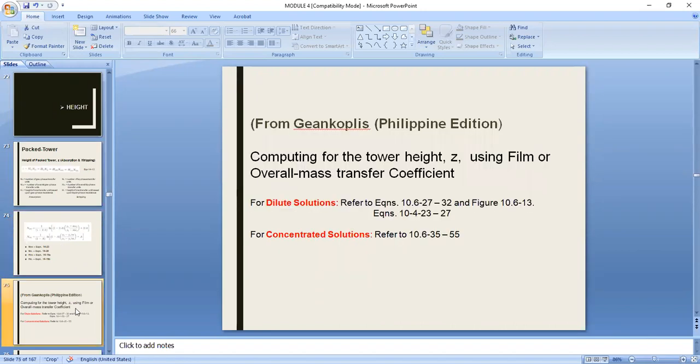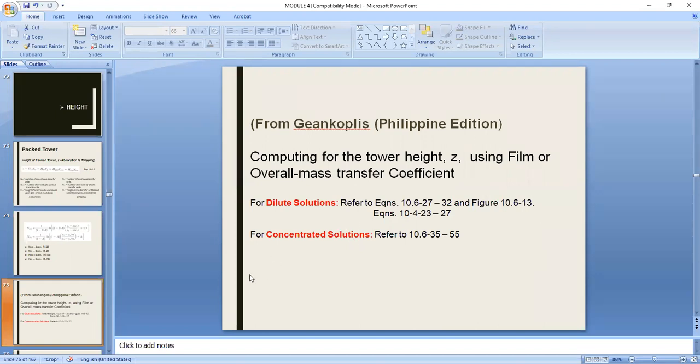Now from John Kupris, the Philippine edition, computing for the tower height Z using the film or overall mass transfer coefficient depends on whether you are given a dilute solution or a concentrated solution. So please check on this if you have available time in John Kupris as to this equation and its equivalent, if there's any, in your handbook.